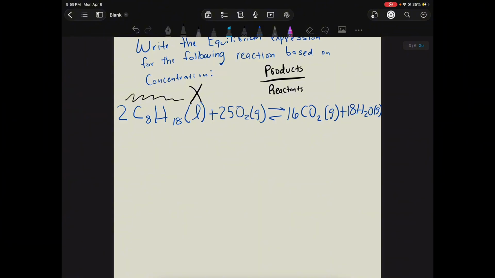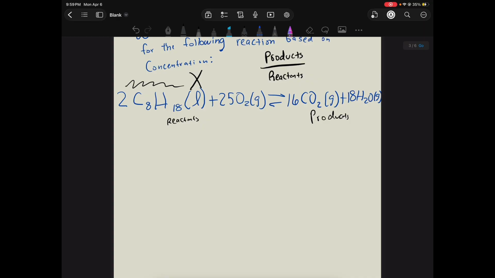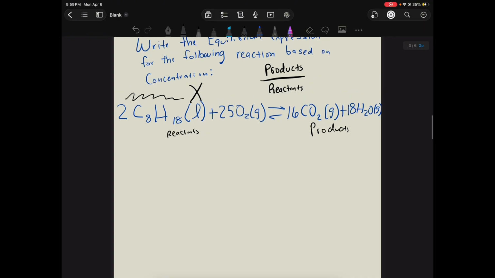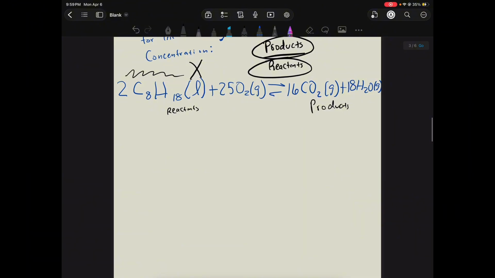So in this case, these are the reactants, and then on the right hand side are the products. And what exactly are you putting on the numerator, on the denominator? These are the products on the numerator, reactants on the denominator. Simple. So the first value that we see here is 16 CO2 gaseous.